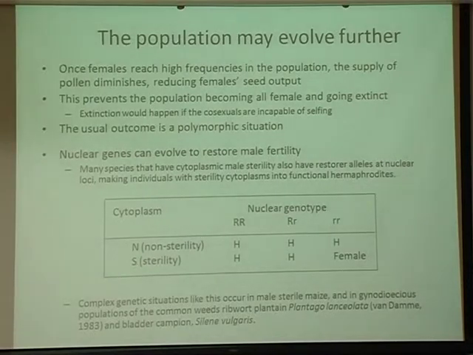If they have the sterility cytoplasm but they have a big R allele, then they go back to being hermaphrodite or cosexual. And of course, if they have the non-sterility cytoplasm, they're also hermaphrodite. This kind of situation with both nuclear and cytoplasmic male sterility is known in quite a number of plants. In fact, the one I showed you, Silene vulgaris, where I showed you the pictures of the hermaphrodites and females, that's the genetics there.